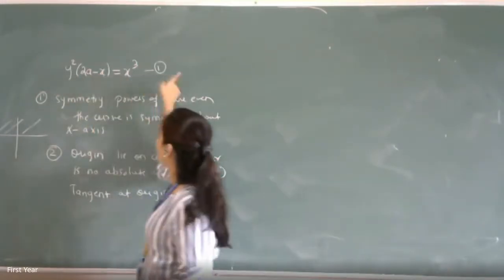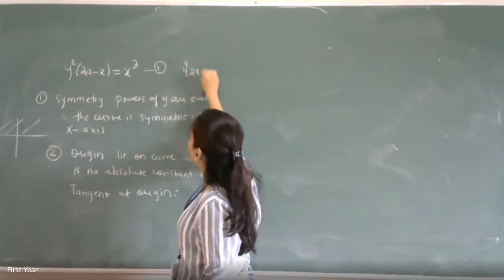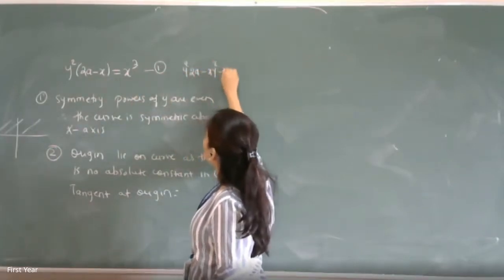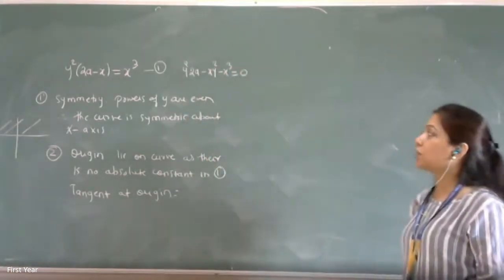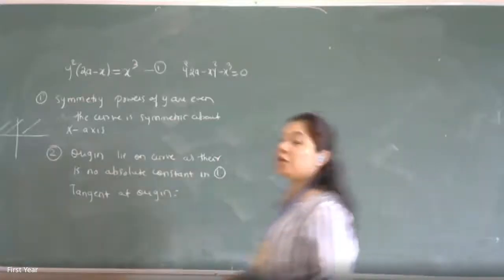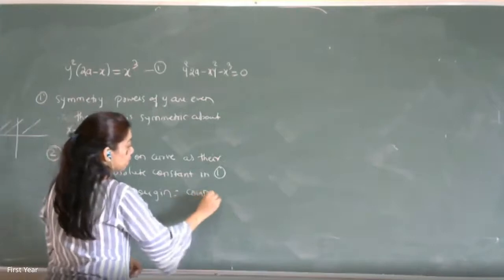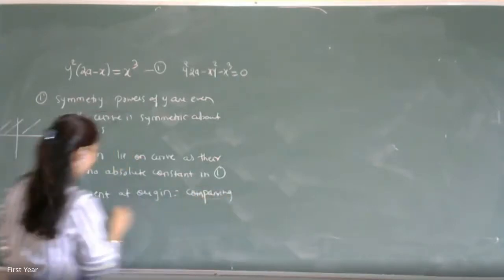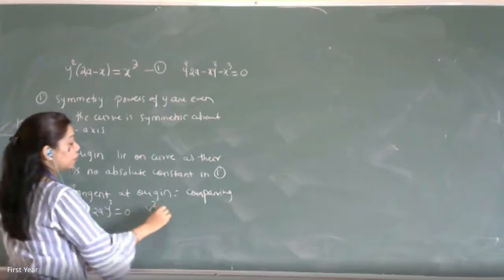If you split it, it is y square into 2a minus x, minus x cube is equal to 0. Which is the smallest degree term in the entire expression? Y square. Yes, y square into 2a. So comparing y square into 2a is equal to 0, we get y square is 0.